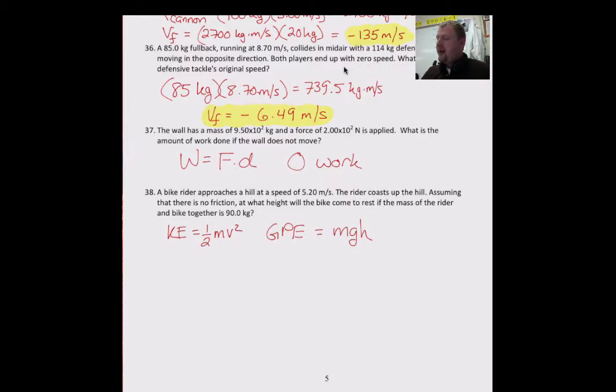So let's go ahead and do this. I'm going to start by just setting the equations equal to each other. Walking through this step by step, 1/2 mv squared is equal to, in this problem, mgh. One of the unique things about this particular equation is that the mass becomes negligible, because both kinetic energy and gravitational potential energy have mass. So the mass actually goes away entirely.